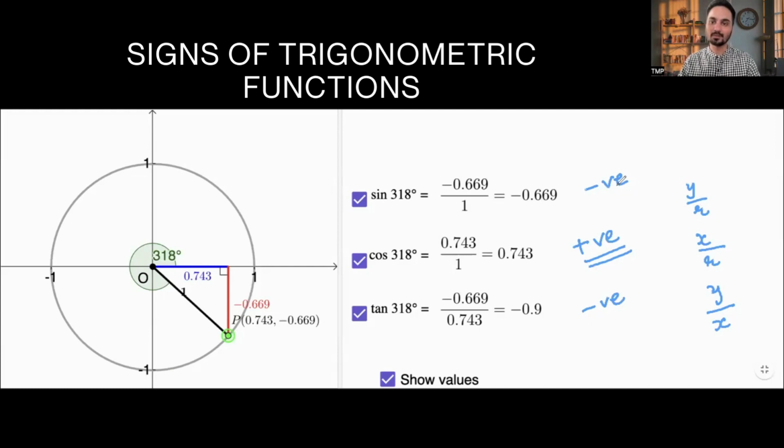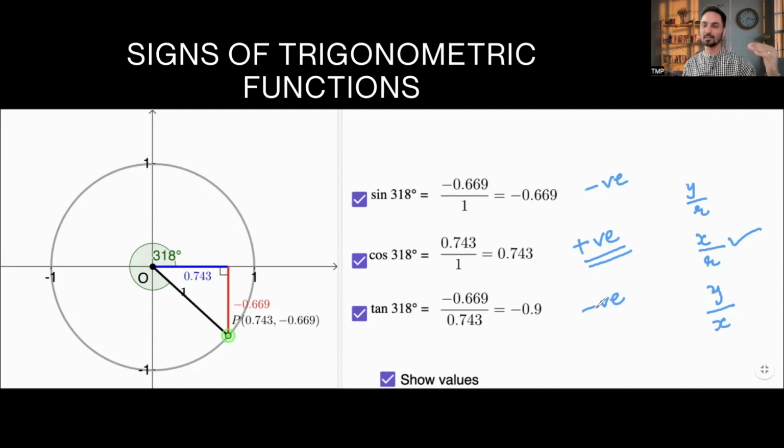Do you know why? The reason is that in the fourth quadrant, we have x value as positive and y value as negative. And cos depends on the value of x, and therefore it is positive. Sine depends on the value of y, so it is negative.